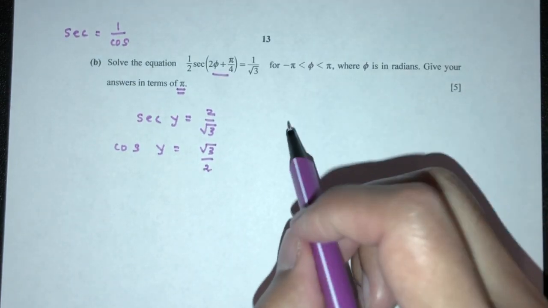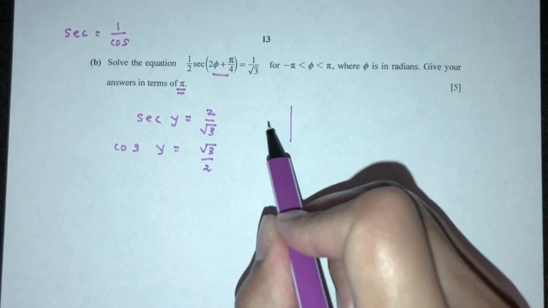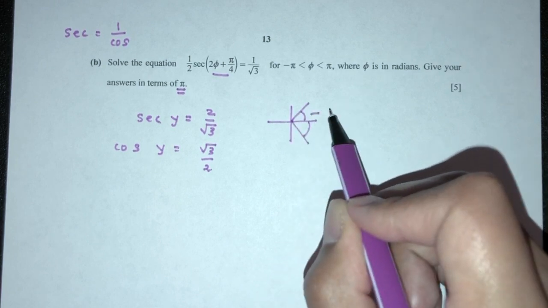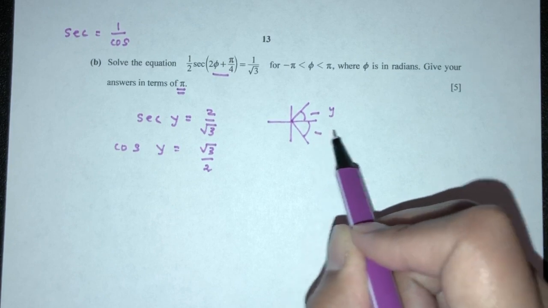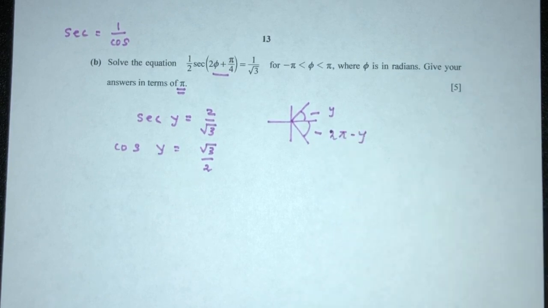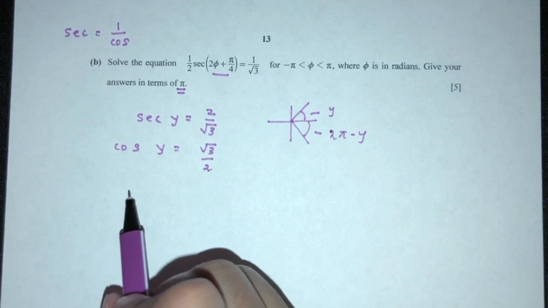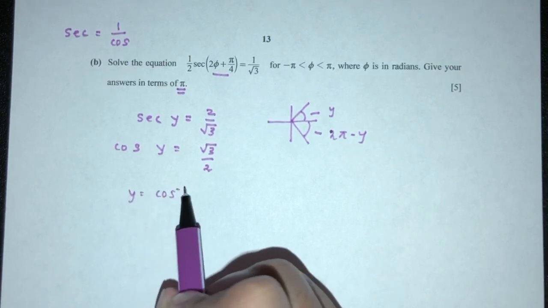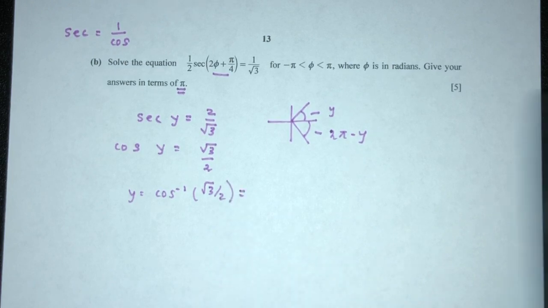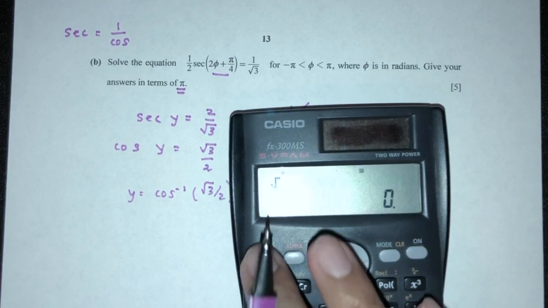Right. So here, because it is positive, it will be in the first quadrant and in the fourth quadrant. First one will be simply the angle y. This one will be 2 pi minus y, because here we have to work with radians, right? So y will be cos inverse of root 3 over 2. Because here it is positive, we can find the value directly.